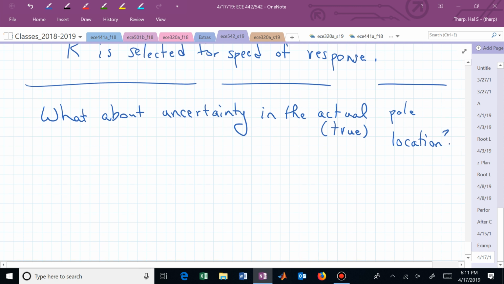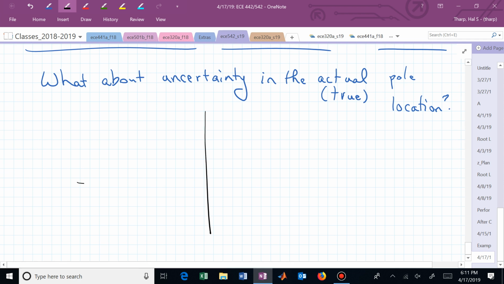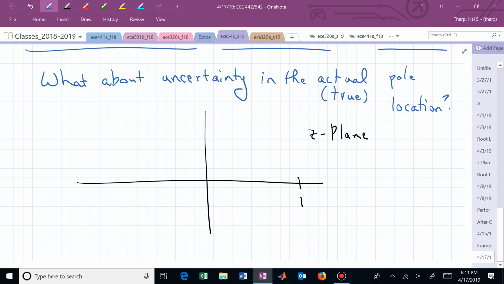Suppose that here is your z-plane, and let's say that's 1, and suppose that your true pole was actually at 0.7.